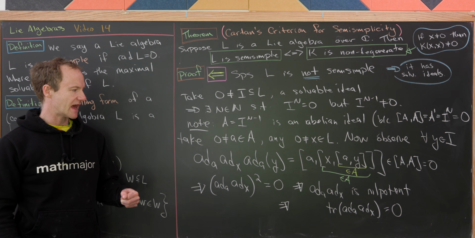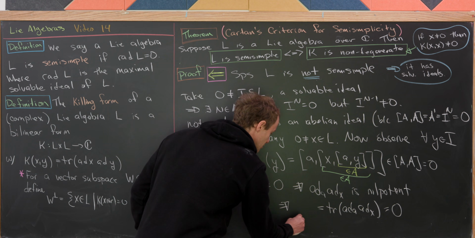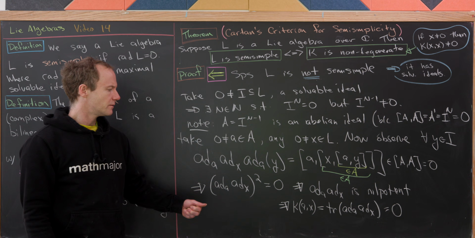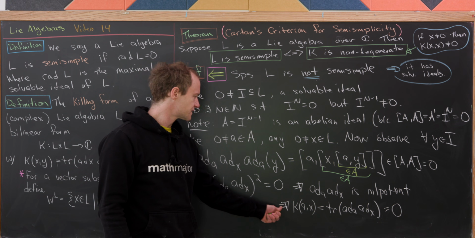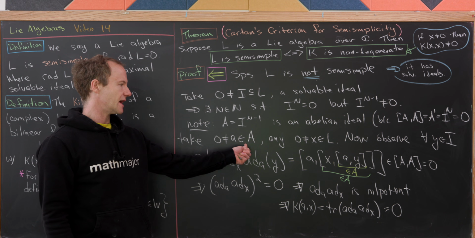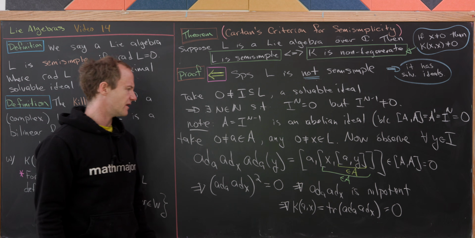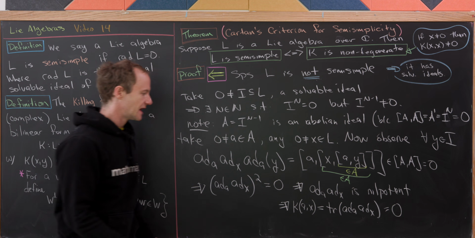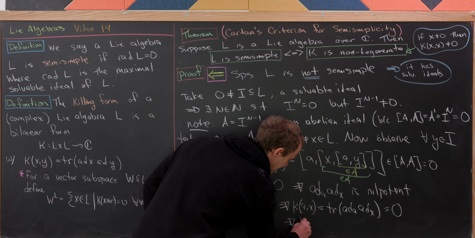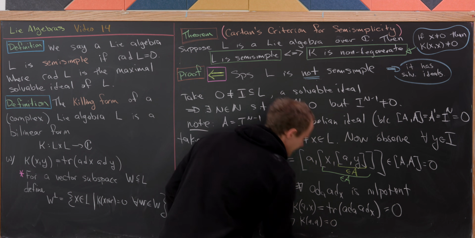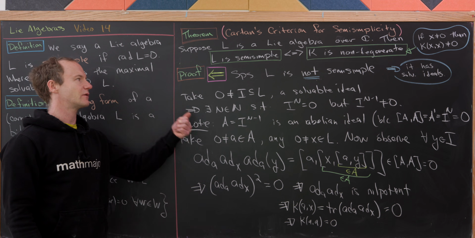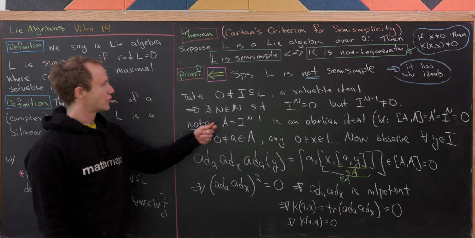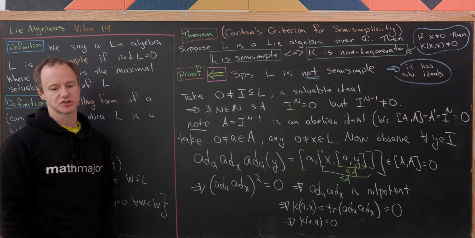The trace of ad A, ad X is in fact equal to kappa of A with X. Now notice that this holds for any non-zero A in A and any X inside of L. We might as well set X equal to A, and what we'll see is that kappa of A with itself is 0. But that's exactly what we needed for this Killing form to be degenerate, proving this reverse direction by the contrapositive.